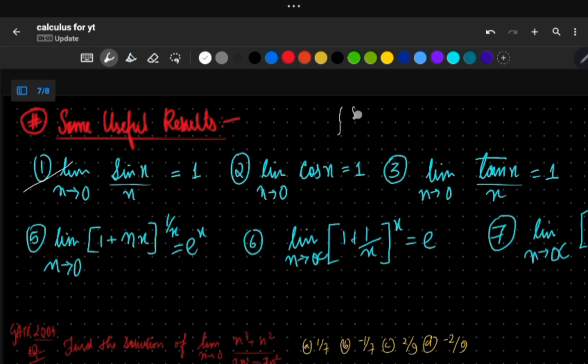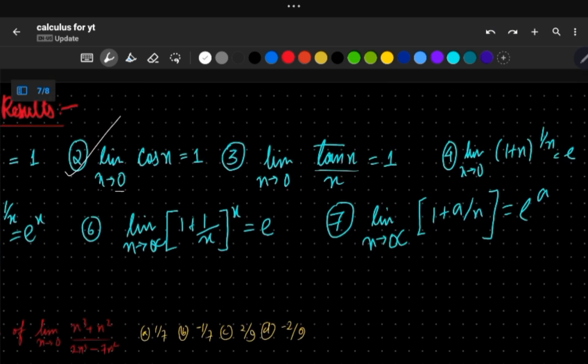The integration of sin x by x is very hard and can't be done with pen and paper, so we use computation methods. Some of the results are calculated by computation. Second, limit x tends to 0 of cos x by x is equal to 1. Third, limit x tends to 0 of tan x by x is equal to 1.